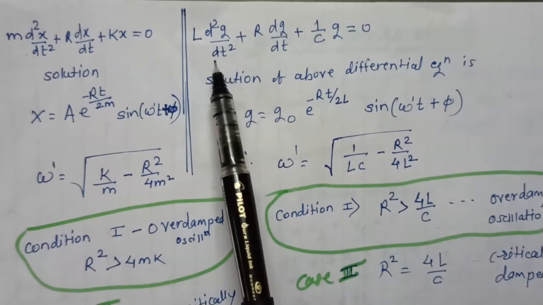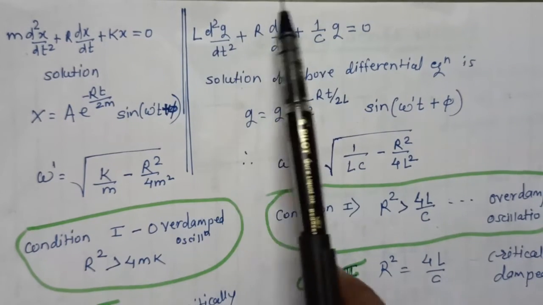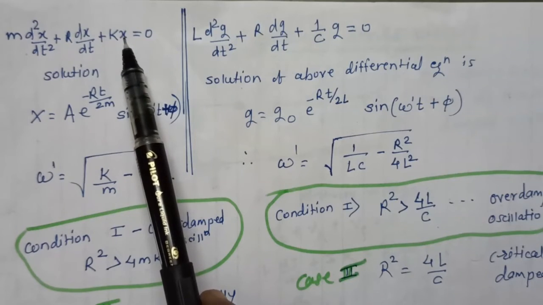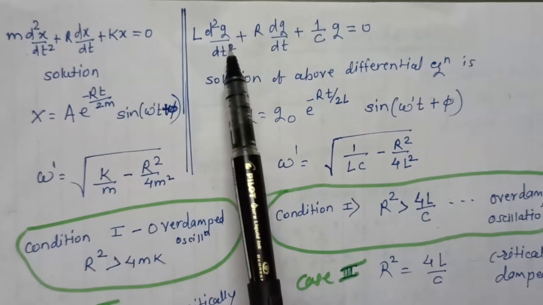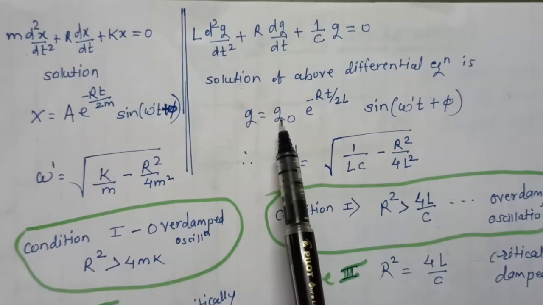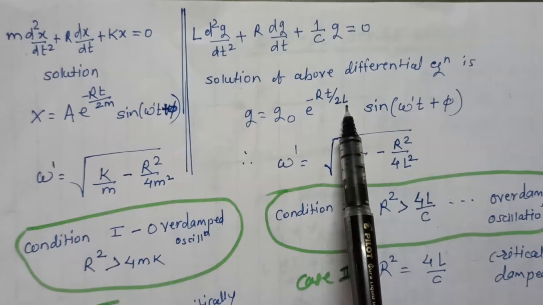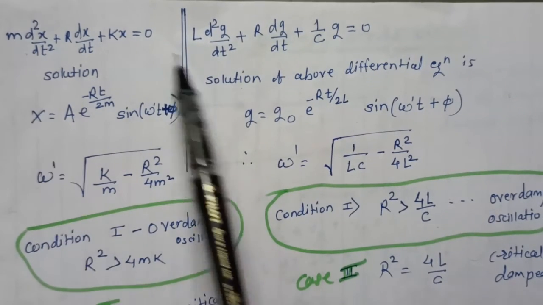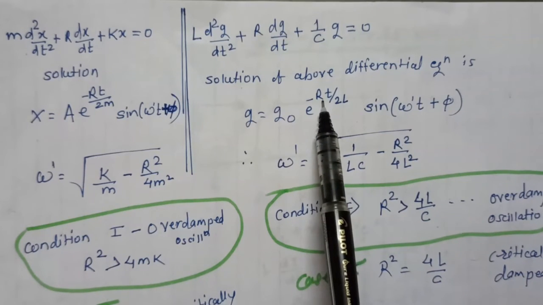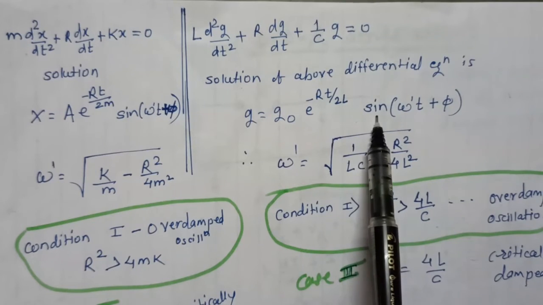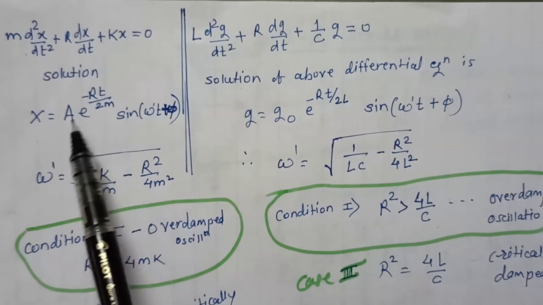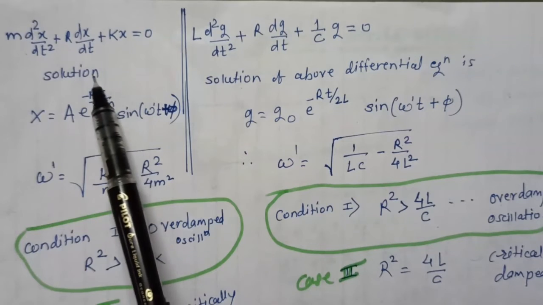Here, for the differential equation in Q, the solution is Q is equal to Q0 e raised to minus Rt upon 2L sine of omega dash t plus phi, where in place of m there is L. Here A e raised to minus rt upon 2m is the amplitude of the damped oscillator.